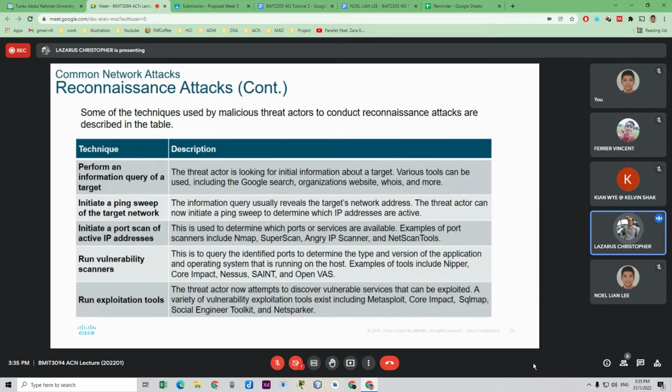Then I do a ping sweep. I ping every host in your system, so I know which hosts are actually available. If I ping and it replies, it tells me that the IP address is correct. From the IP address I know your network address, so I know your prefix and how many hosts you have in your network.